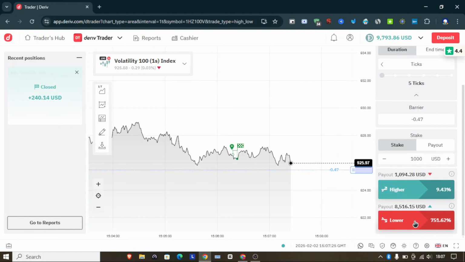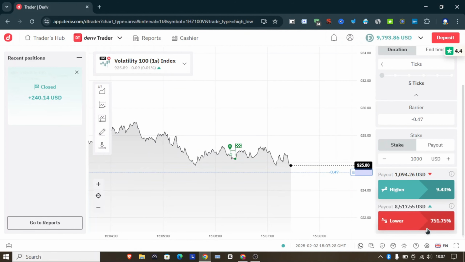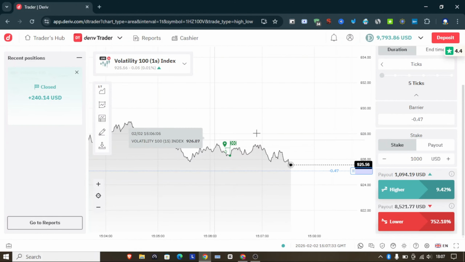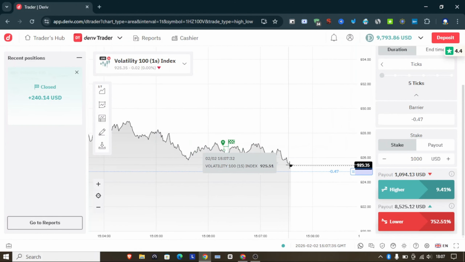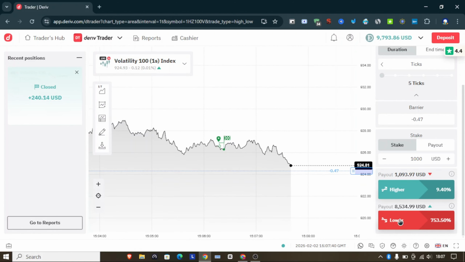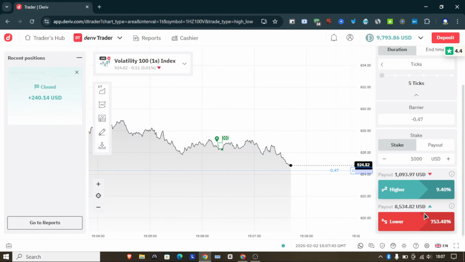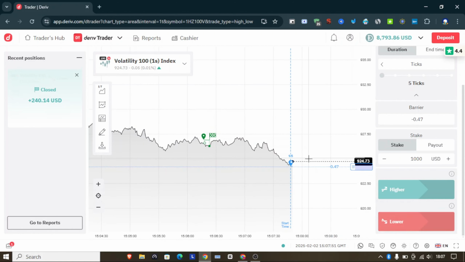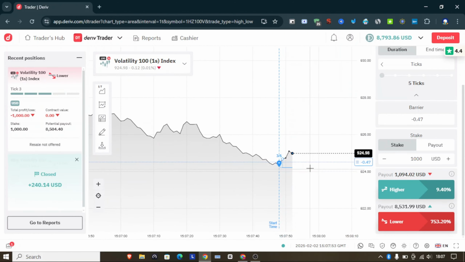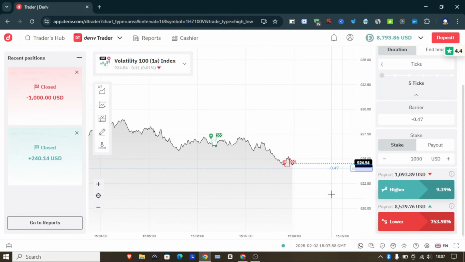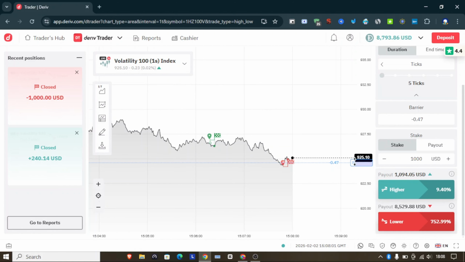If I press the lower prediction, I mean that within these 5 ticks, this market will cross my entry point, which is this line. But in most cases it does not happen. If you have a very fast movement, then you may proceed to predict that way, but it will oppose you. That is a bit risky.